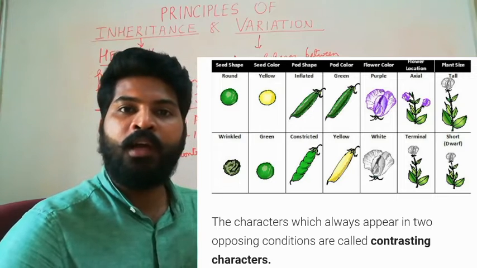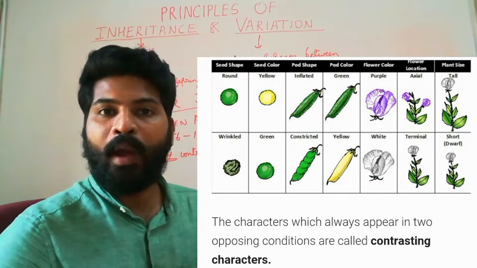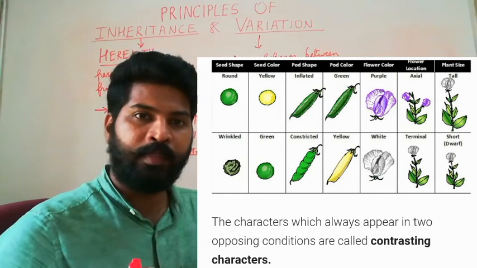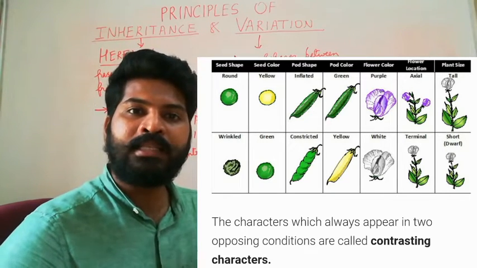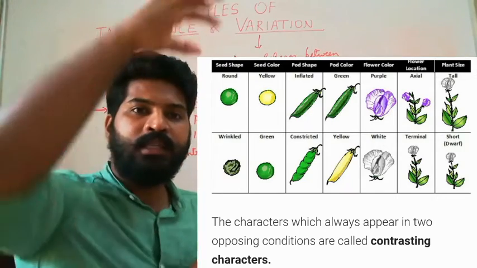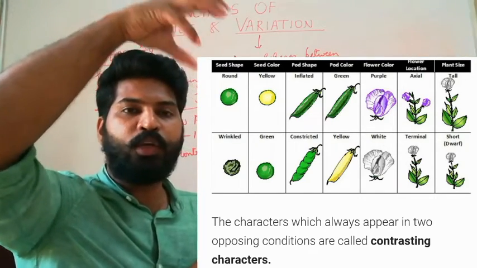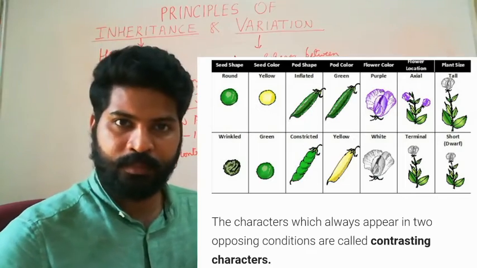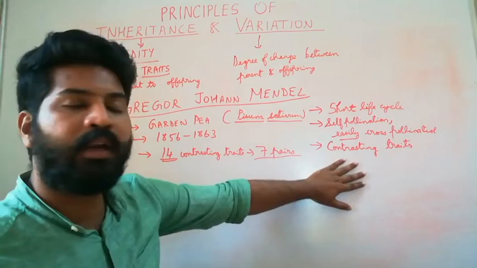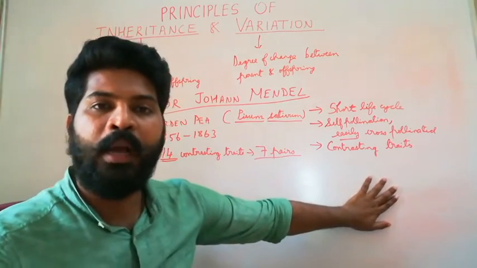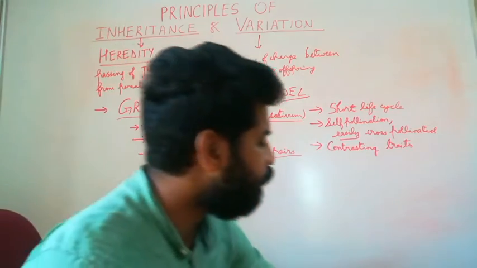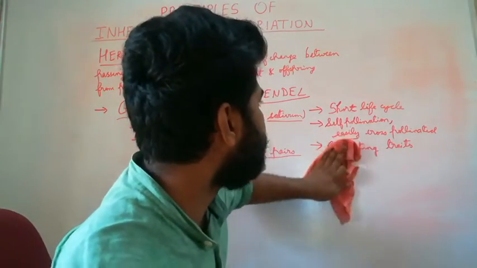Flowers could be either violet or white, and the position of the flower on the stem. Certain flowers were axial, that is on the sides in position, whereas certain plants had flowers on the top, terminal position. So these 7 pairs of contrasting traits were observed in the pea plant. All these were helpful in the study of genetics.